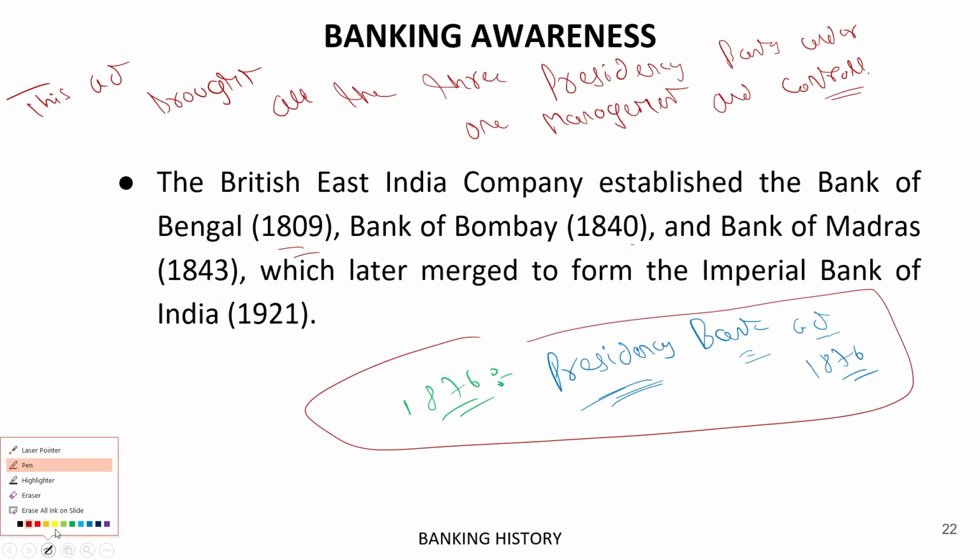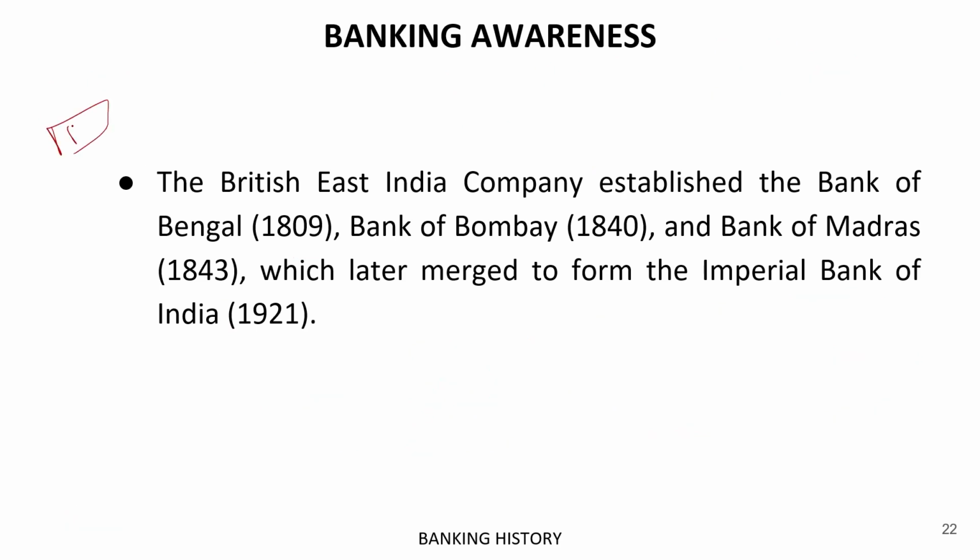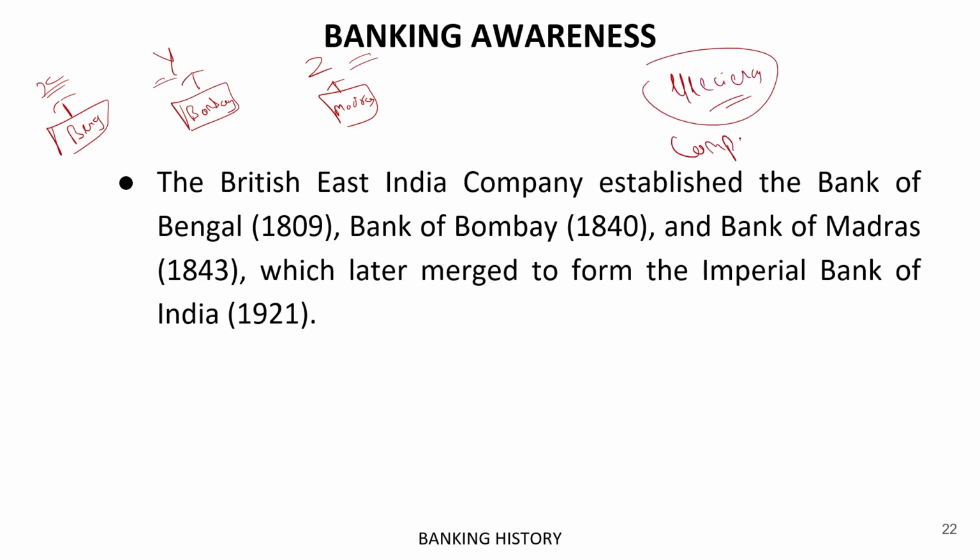Let me explain by example. This is the Bengal Bank, this is the Bombay Bank, this is the Madras Bank. This was controlled by X, this by Y, this by Z. X will do something different, Y will do something different, Z will do something different. So there will be a variation in decision making, and this is not good when you want to increase efficiency in a competitive market.